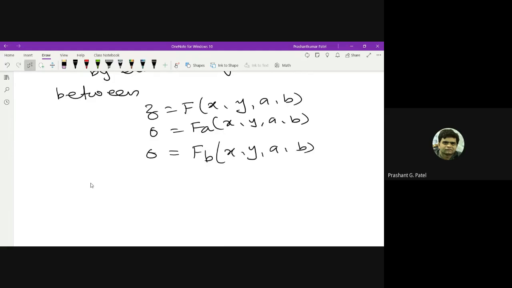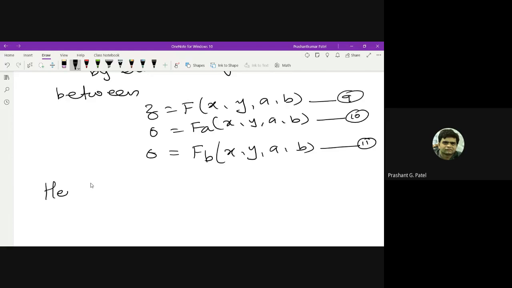So if you solve these three equations, you obtain the values of a and b in terms of x and y. I'll say these are equations number 9, 10 and 11. We have to solve these three equations, 9, 10 and 11.